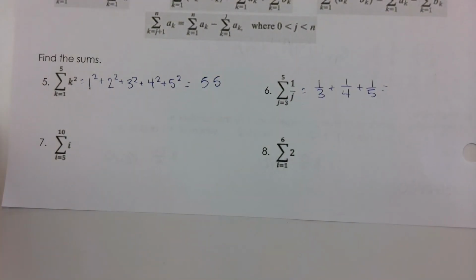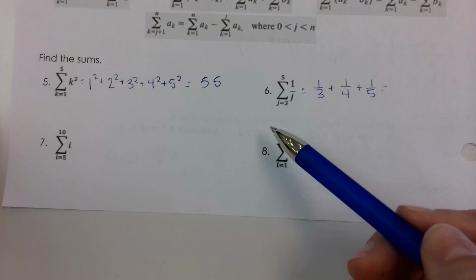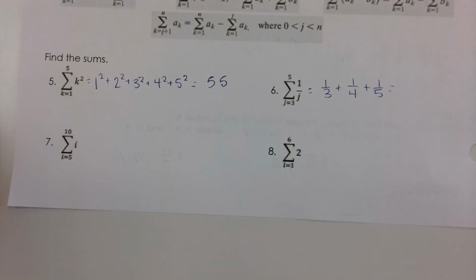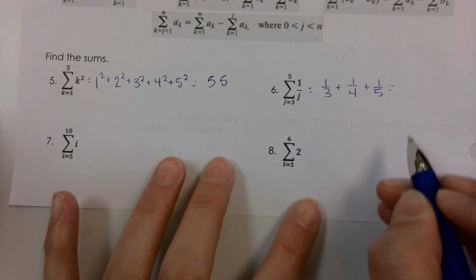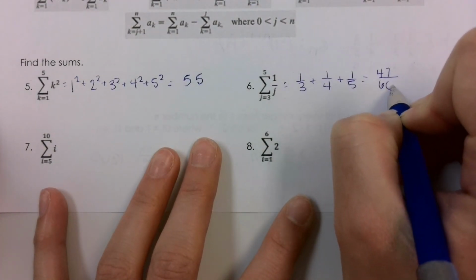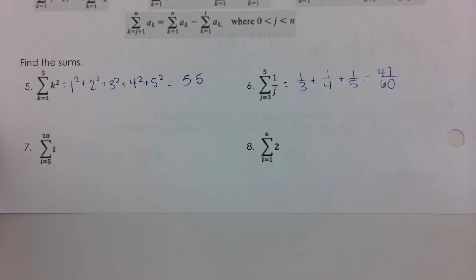And it doesn't matter what variable you use there, as long as you define it the same on the inside and outside. So like they have j's here, you can type in j's, you can type in x's, you can type in k's, it doesn't matter, as long as they're the same. So what do you end up getting there? 47 over 60. Questions?